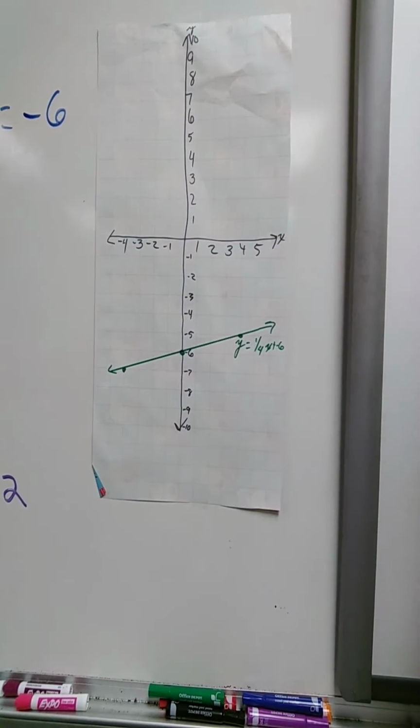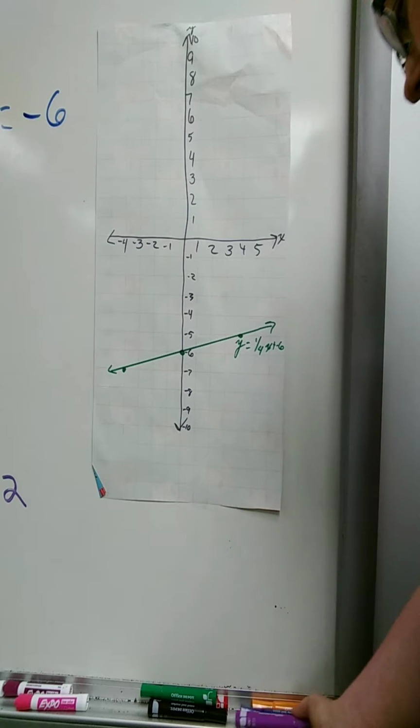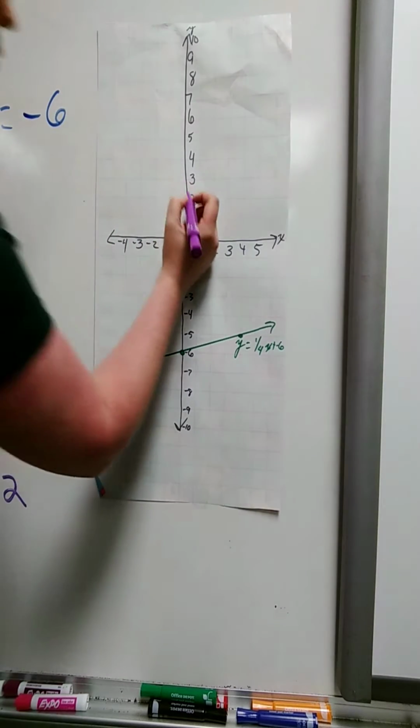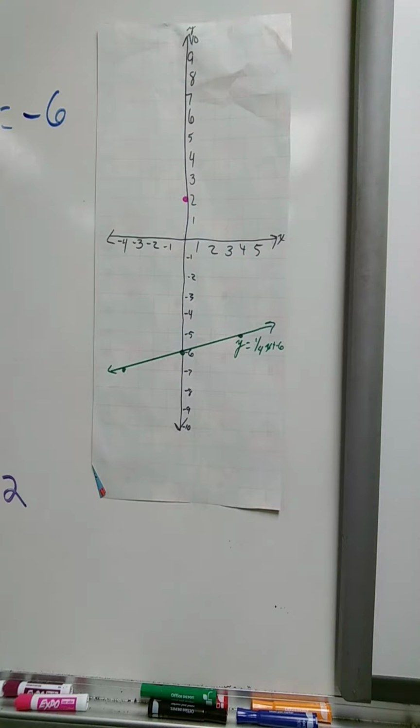Zooming in on my graph. Alright. What is my y-intercept? 2. So I need a point on the y-axis at 2. What is my slope? 4. Ooh, this one's not written as a fraction.